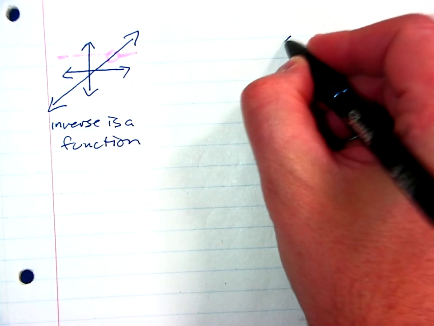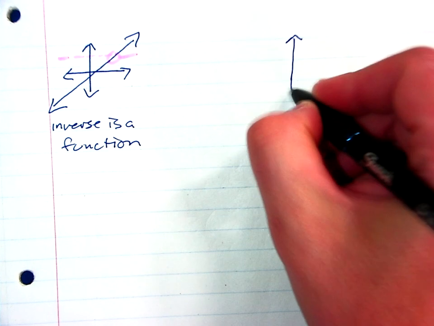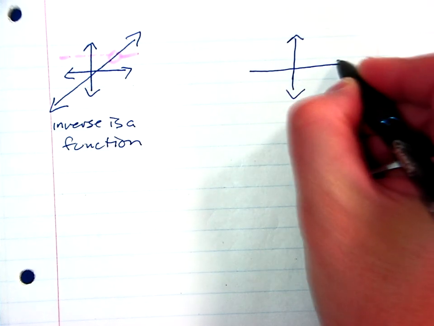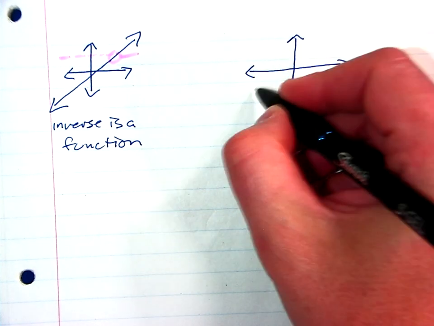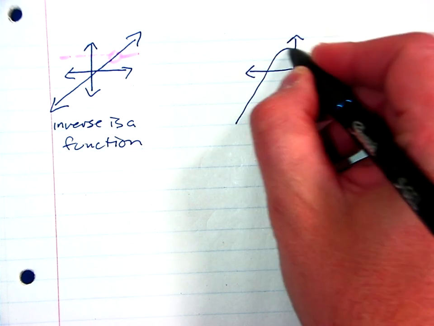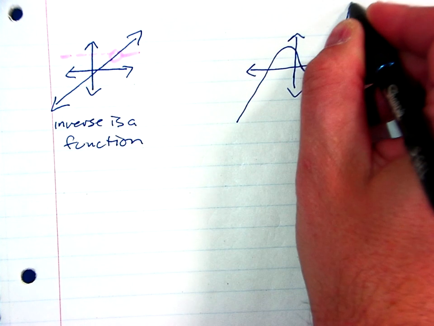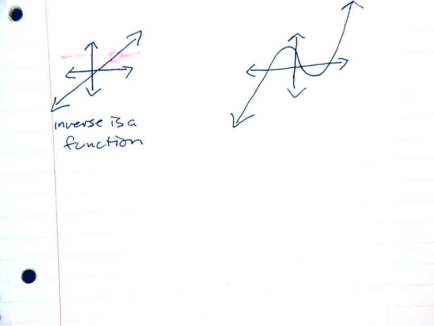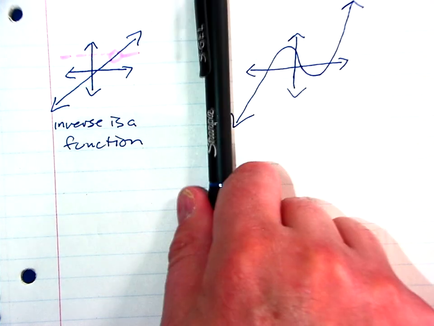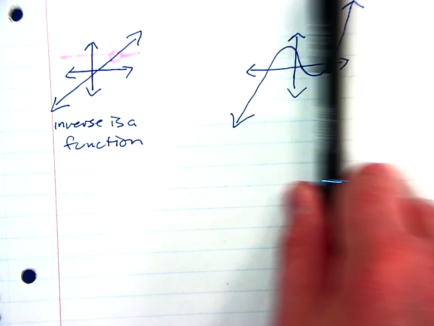But if I have something like this, that is a function in its current format, because if we do a vertical line test, it only crosses one time.